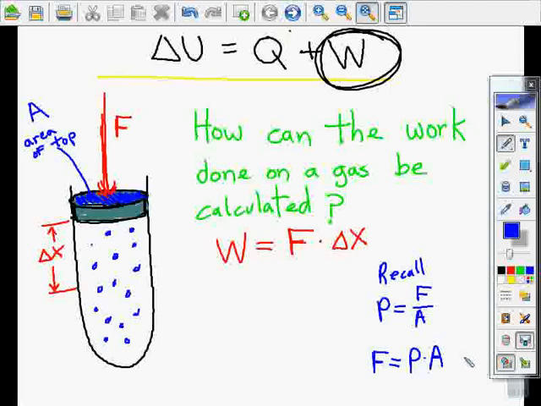So instead of saying, oh, I did so much work, and taking the force times the distance you push it down, we could rewrite that formula. Work is equal to, instead of writing force right here, we're going to replace it with pressure times the area, times the distance that the piston is pushed down.